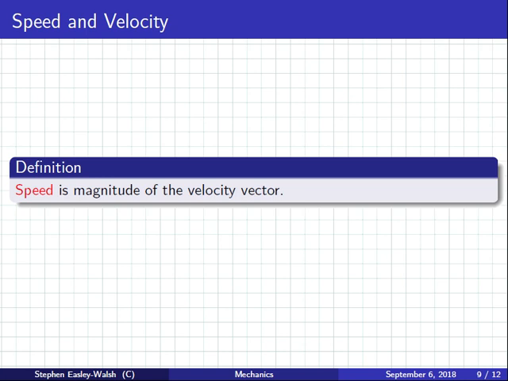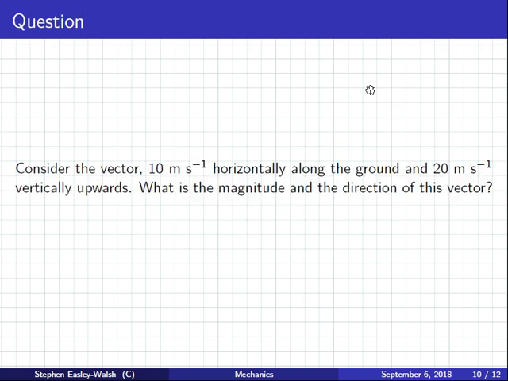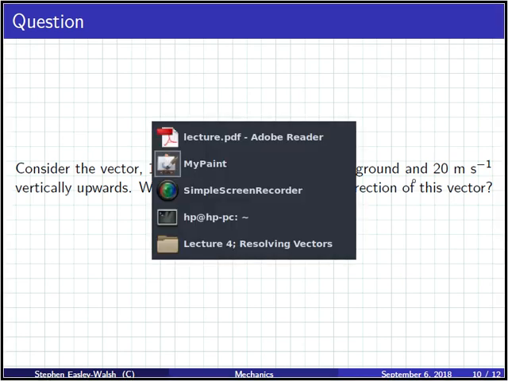Okay. Here's one for you to try. Consider this vector: 10 meters per second horizontally and 20 meters per second vertically. Let me draw that for you. 10 this way and 20 this way.